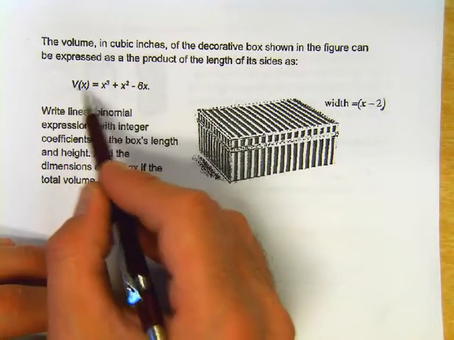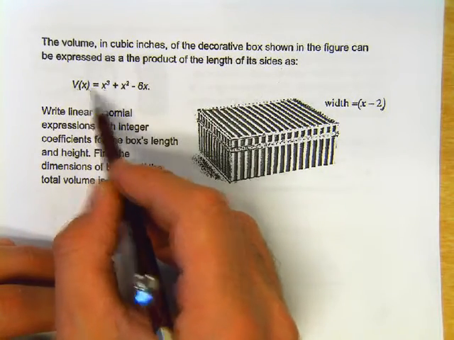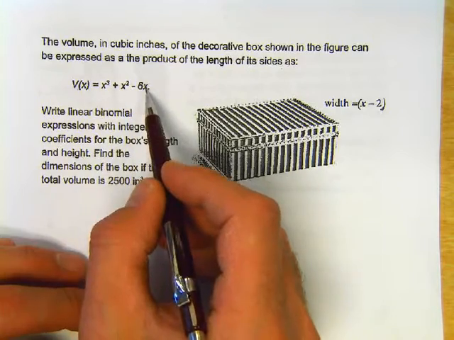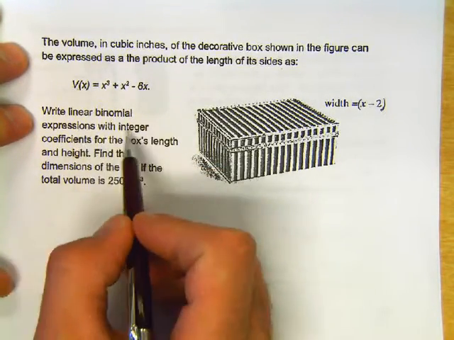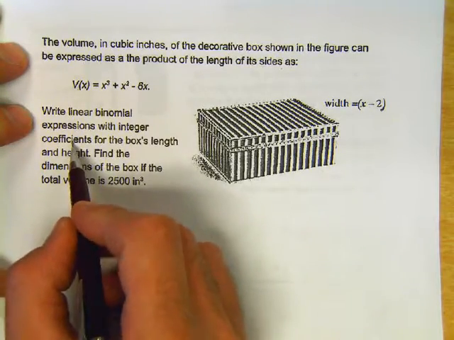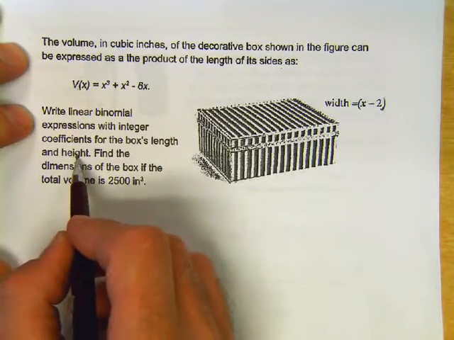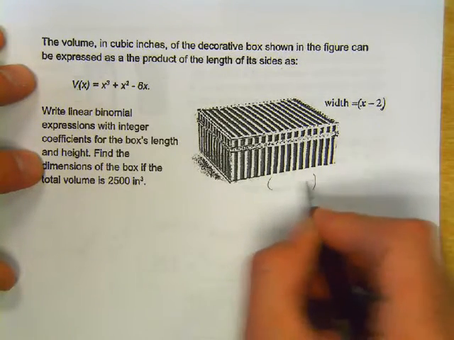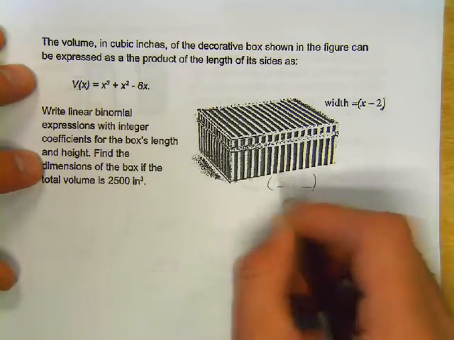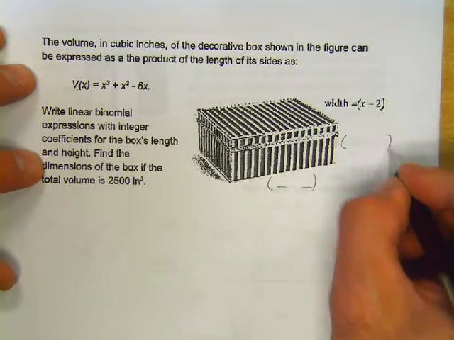Write linear binomial expressions with integer coefficients for the box lengths and height. So we'll need an expression here for this length and an expression here for the height. And then find the dimensions of the box if the total volume is 2,500.